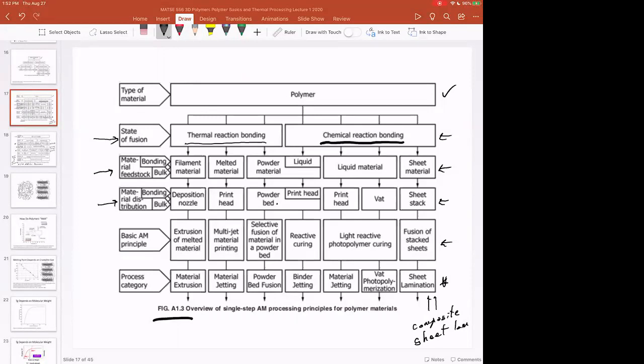But anyway, for polymers and let's say polymer-based composites, this is the ASTM landscape that we're interested in. We won't belabor this, but it's worthwhile to have your eyes on the ASTM nomenclature.